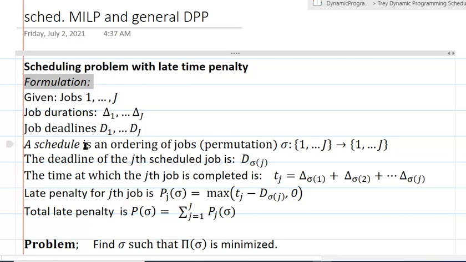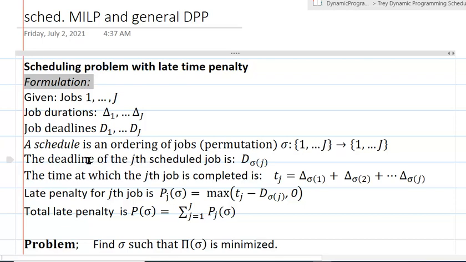Now a schedule is defined as an ordering of jobs. Now, an ordering of jobs is simply a permutation. And a permutation is a function from the integers 1 to J to itself. So it's just a rearrangement of the first capital J integers. Now, each job has a deadline.